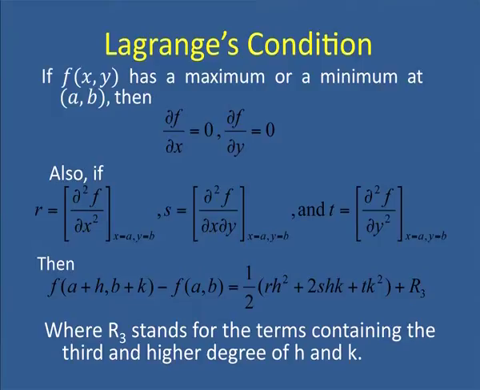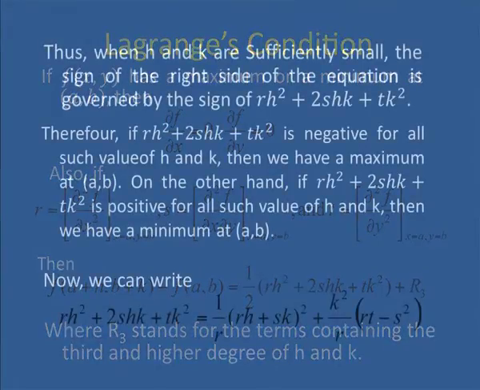then f(a+h, b+k) minus f(a, b), that is, the change in the function, is equal to half of (r h square + 2 s h k + t k square) plus R3, where R3 stands for terms containing third and higher degree terms of h and k.